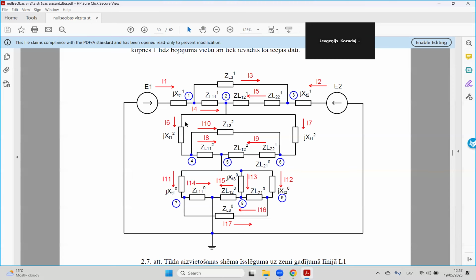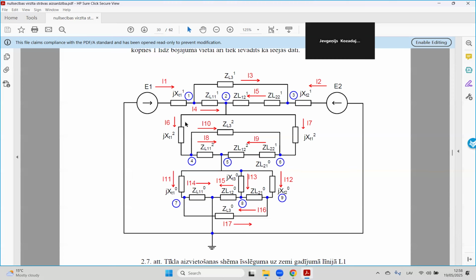Here we have the fault place. The network is something like this: generator, transformer, line. This is the fault location. So this is the positive sequence, PS.